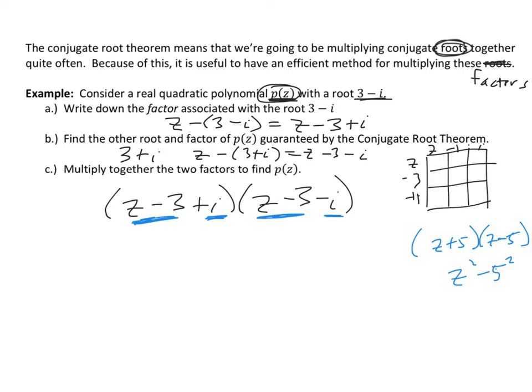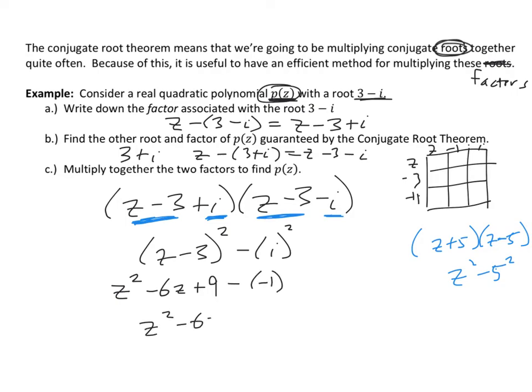So similarly here, this can be multiplied by doing z minus 3 squared minus i squared. Because we've had so much experience with both of these things, this is really fast. z minus 3 squared is z squared minus 6z plus 9, minus i squared is negative 1, and boom, it's z squared minus 6z plus 10.